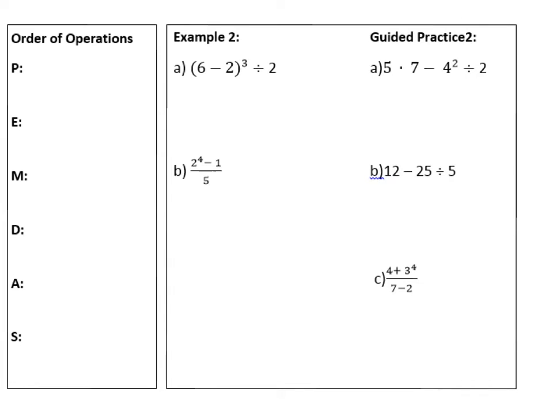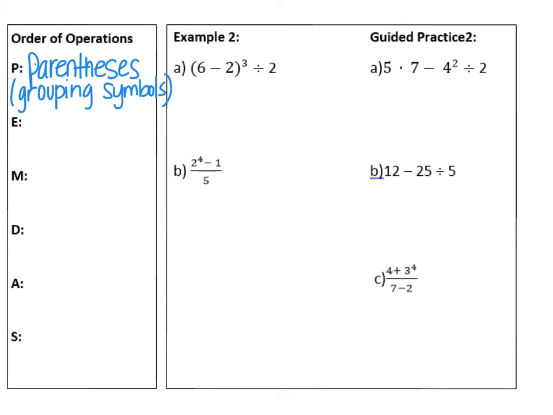The order of operations is parentheses first, now, sometimes people say grouping, but it works. We use the word PEMDAS for it, and PEMDAS, your P is parentheses, but it's any grouping symbols. E is for exponents or powers.